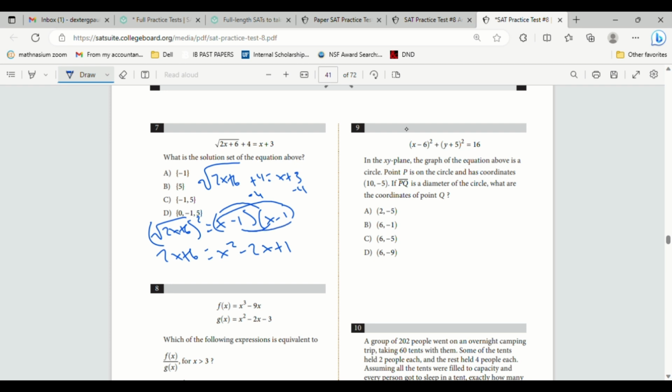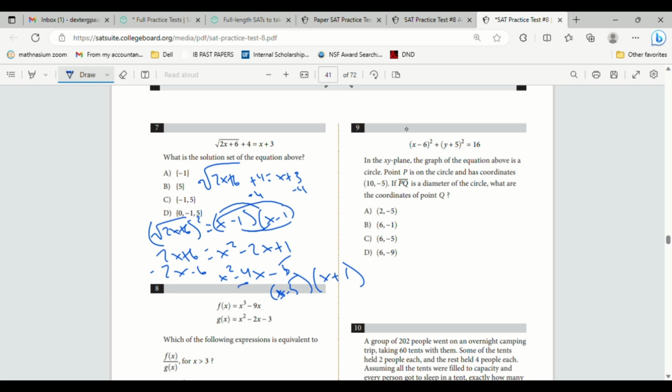Now I'm going to move everything to one side, so I can subtract 2x and 6 from both sides, so x squared minus 4x minus 5. And then this factors to give me x minus 5 times x plus 1, because negative 5 times positive 1 equals negative 5, and negative 5 plus 1 is negative 4. So that's why that factor works.